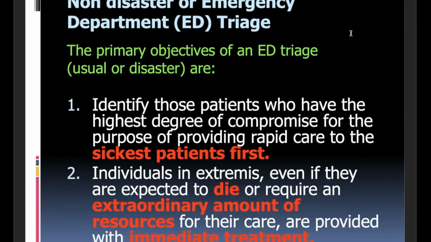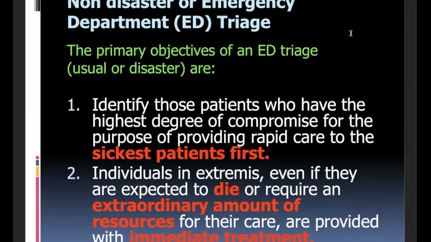So again, you will go back to proper assessment, considering the ABCs of life and Maslow's hierarchy. You need to consider those things. So we need to provide rapid care to the sickest patients first.